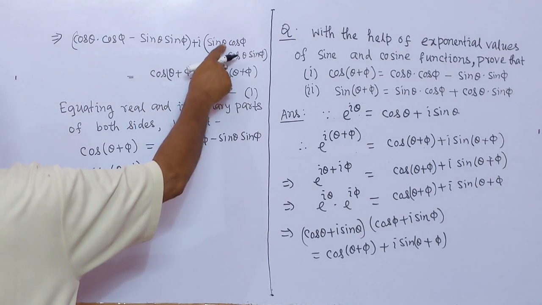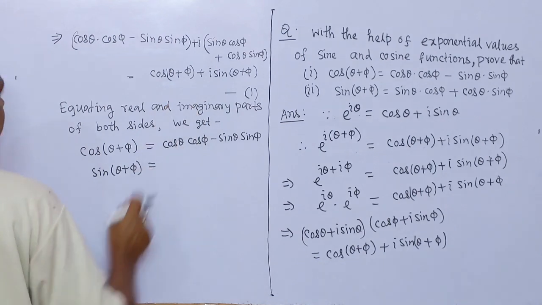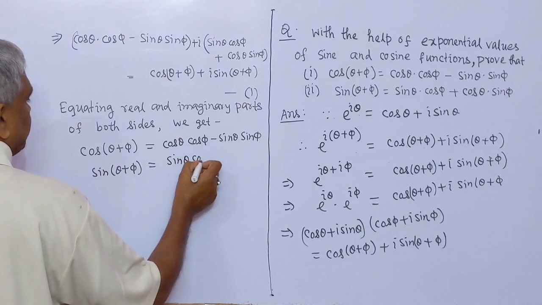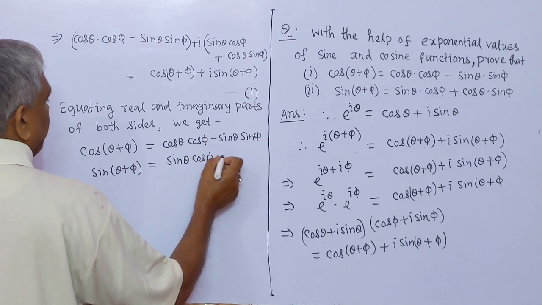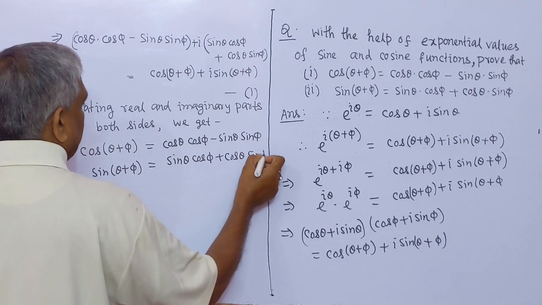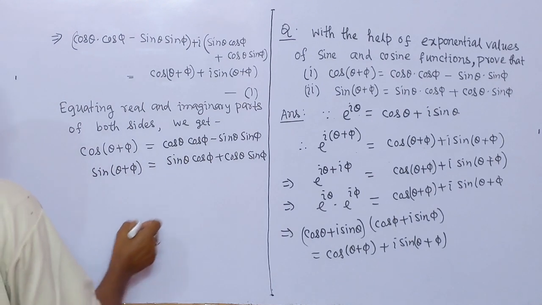Here this is the imaginary part of the left side, this is sin theta cos phi plus cos theta sin phi, and proved.